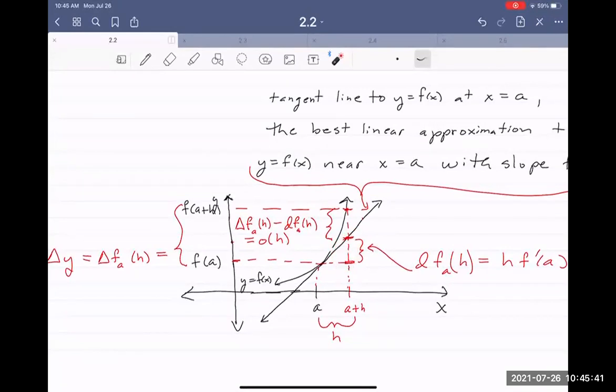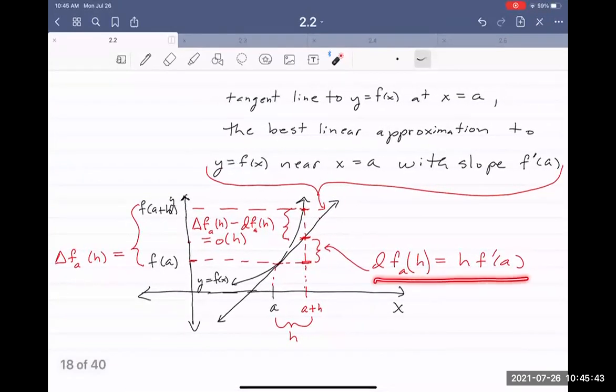Next, this here is df sub a at h, equaling h times f prime. Why? Let's look at some similar triangles. I'll show you why that is in a second using similar triangles. So this is delta f sub a at h. This is df sub a at h.